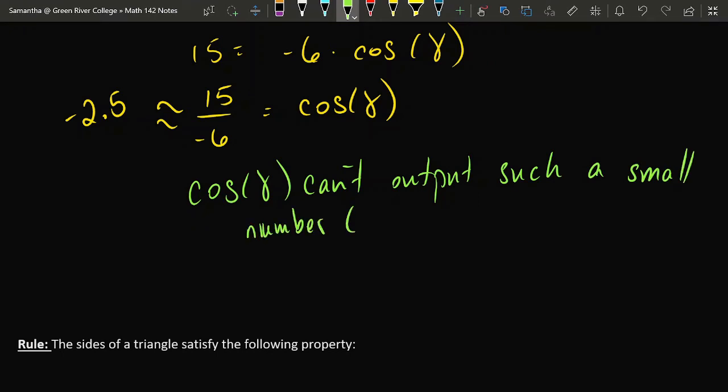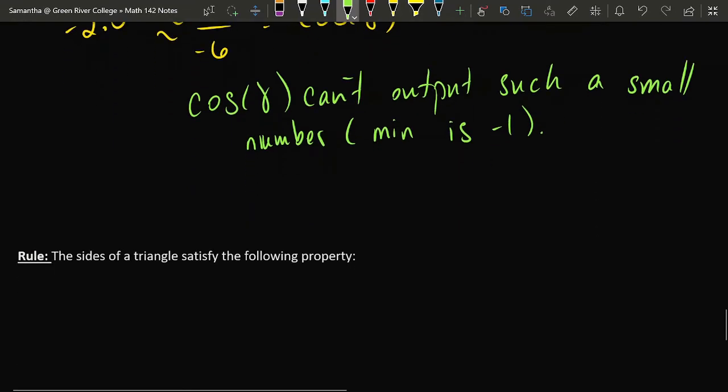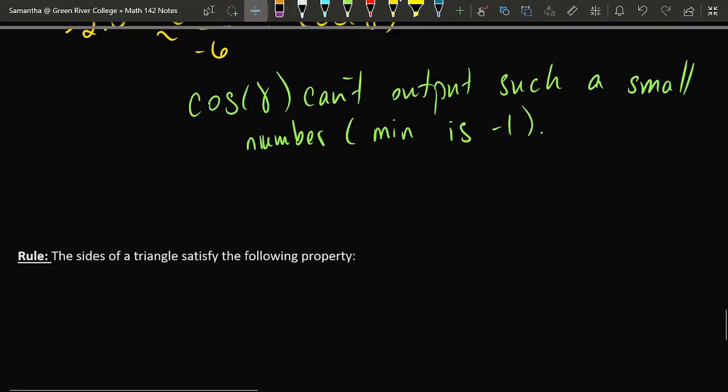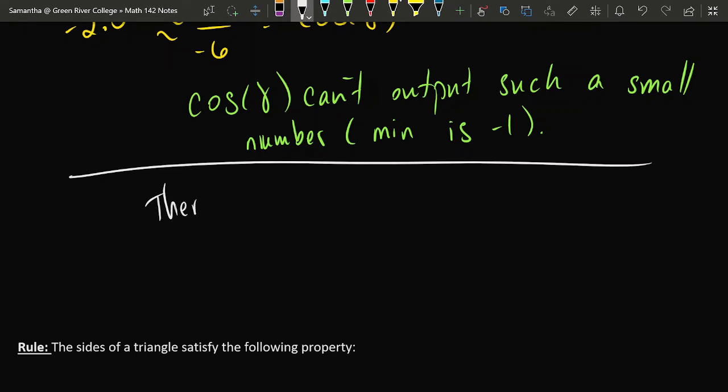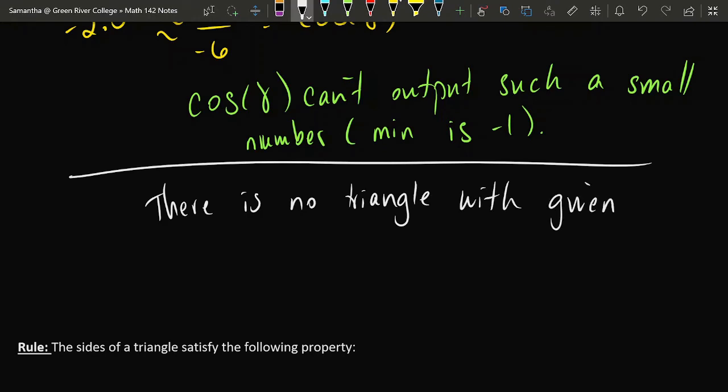The minimum value it can output is negative 1, and this is less than that. So this is another situation where the data that they have given me corresponds to a triangle that cannot actually exist in real life. There is no triangle with the given side lengths.